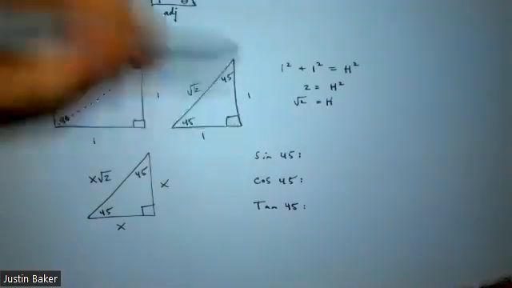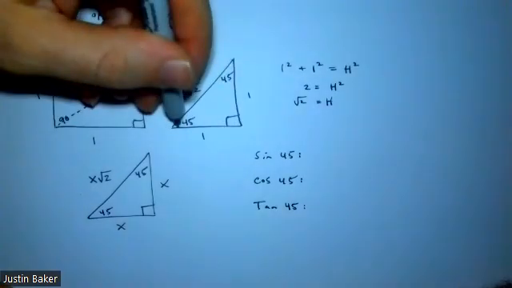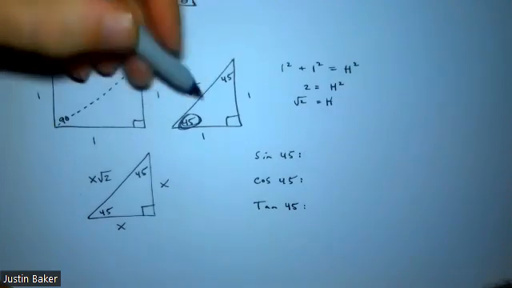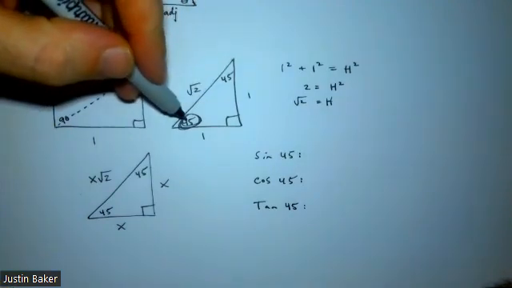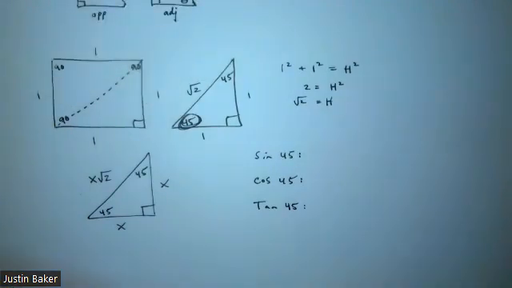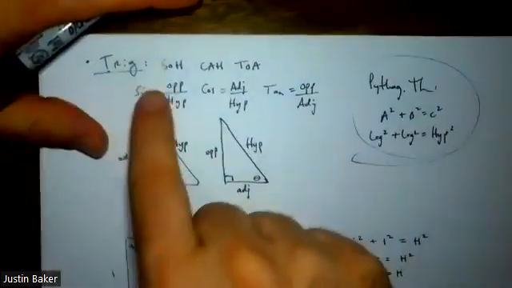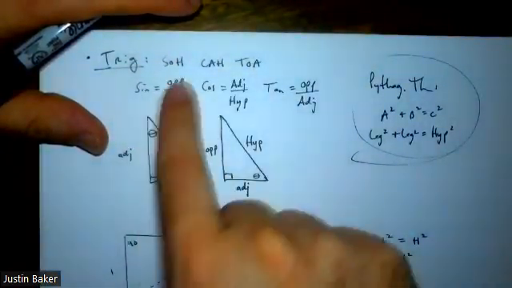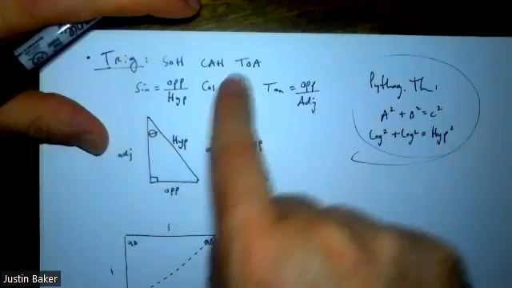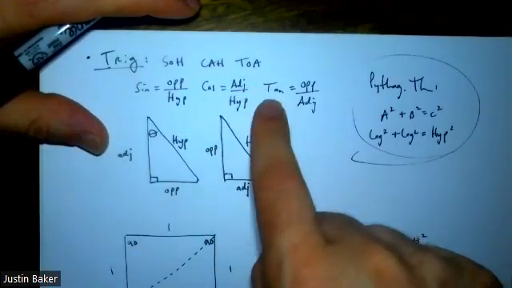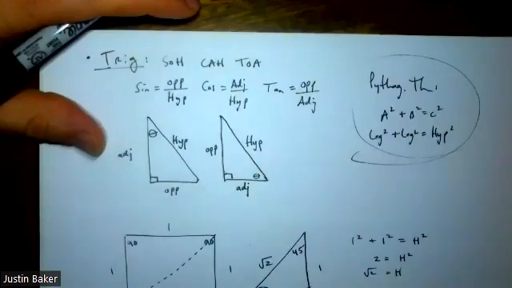So if we look at this triangle, we've got the ratios, right? We'll pretend like this one that I just circled is your theta. So if I want to find the sine of 45, what do we know about sine? We just talked about these trig ratios, right? Sine is opposite over hypotenuse, cosine's adjacent over hypotenuse, tangent is opposite over adjacent.